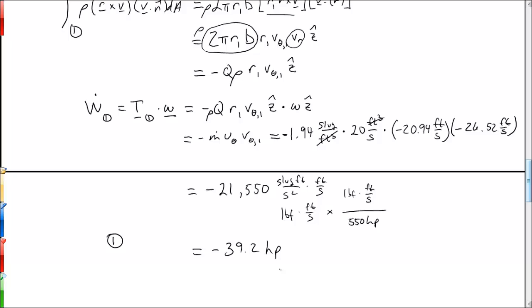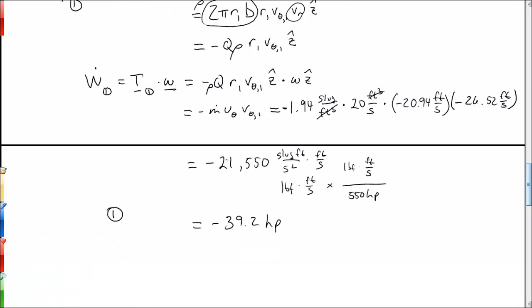I don't have to do too much thinking about what's pointing in which direction. And I like that. You may like to use the rules of thumb instead. That's your choice. The big thing is to look at it at the end and say, if this were a positive number, we'd be doing work on the system. And clearly, with the way that we're turning the flow, we're not doing work on the system.